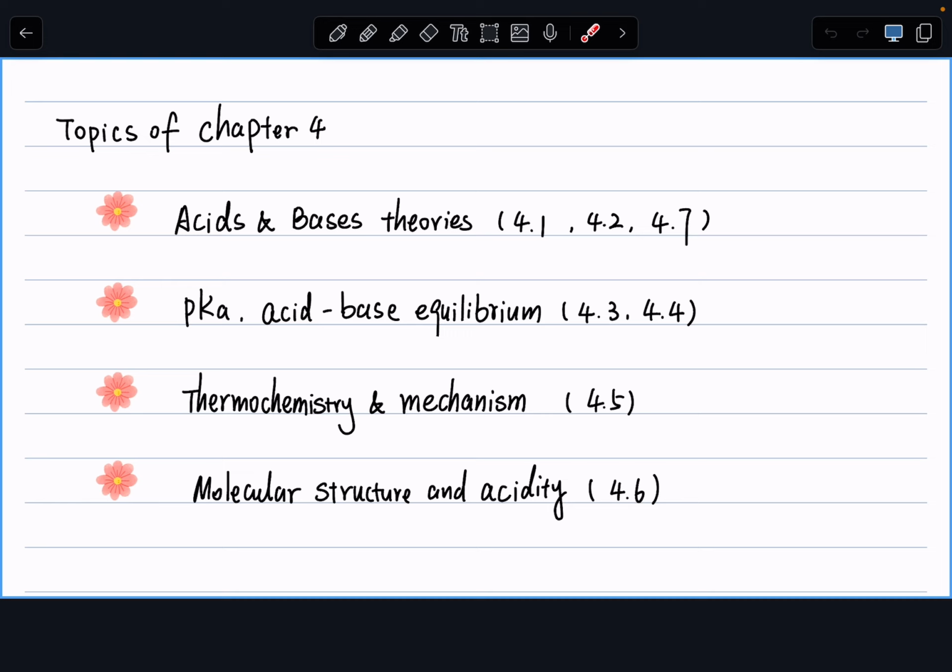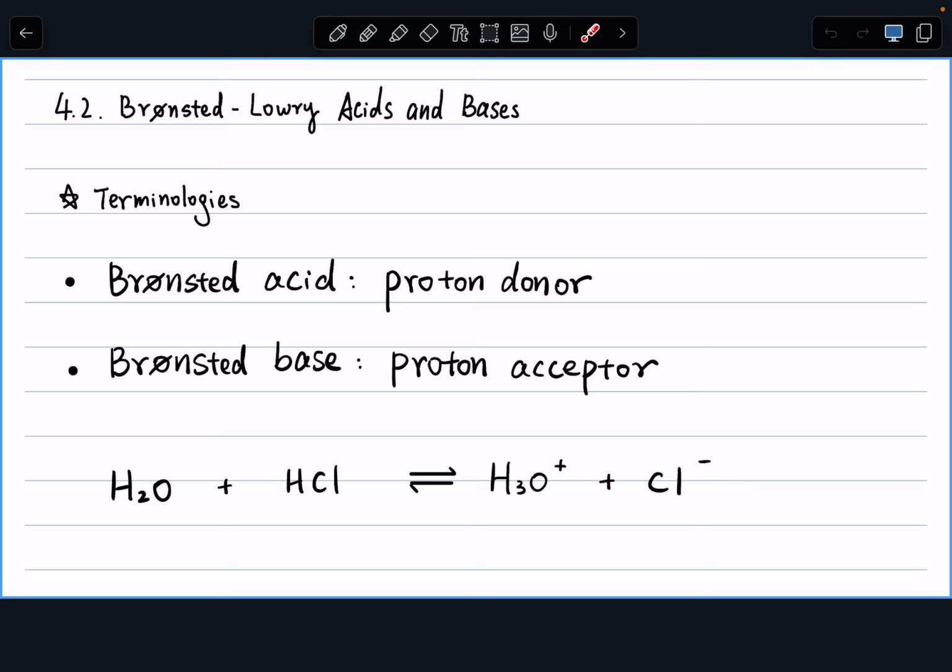So, basic things, terminologies. When we're talking about acid-base, especially the common Bronsted-Lowry acid-base, there are several terminologies. When we say something is a Bronsted acid, it's basically a proton donor. When we say something is a Bronsted base, we're saying that molecule is a proton acceptor.